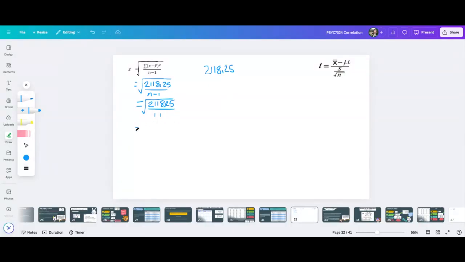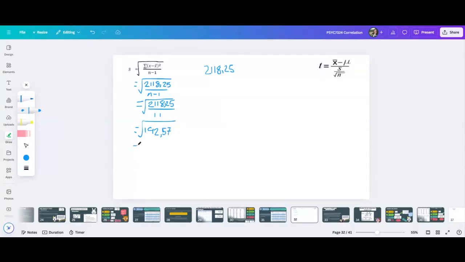All right, so let's do the inside step before we take away the square root. Would anyone like to quickly calculate what that is for me? What is 2118.25 divided by 11? Yeah, 192 point 57, because we're rounding to 2 decimal places.